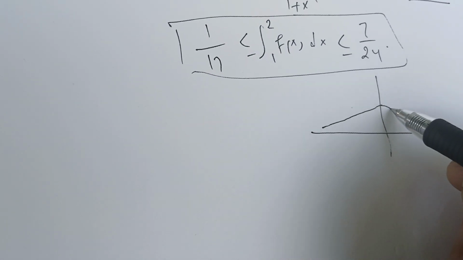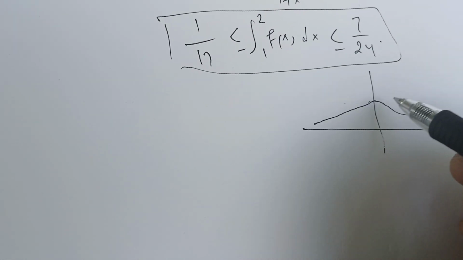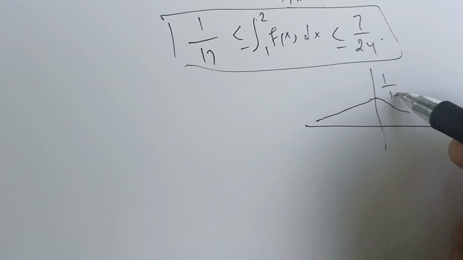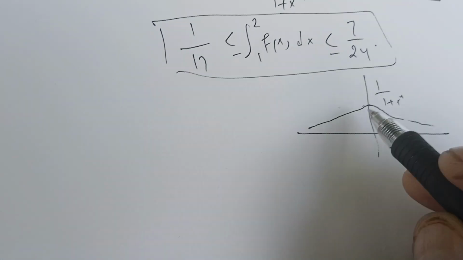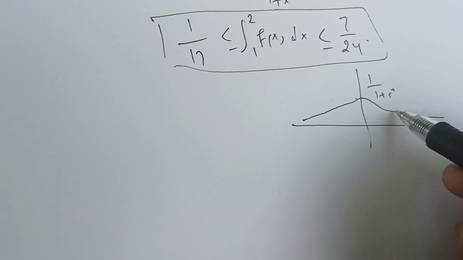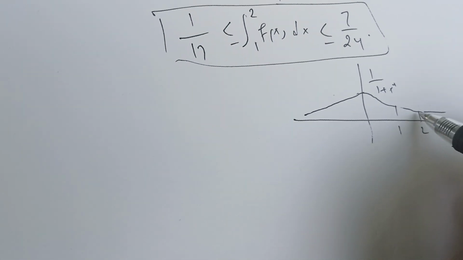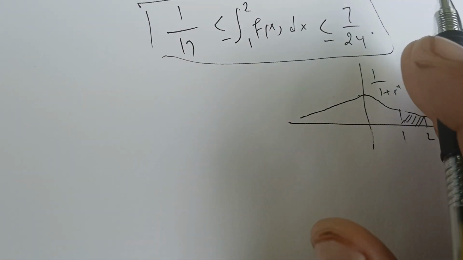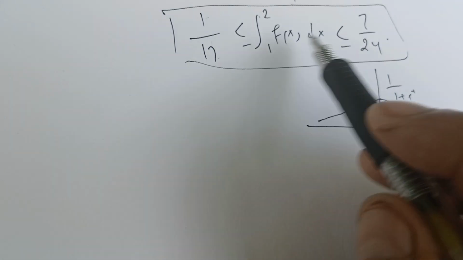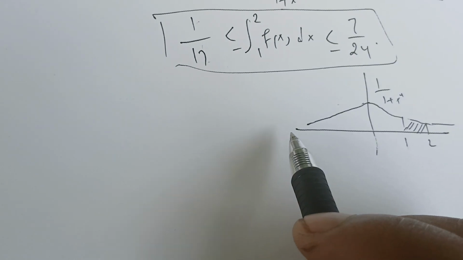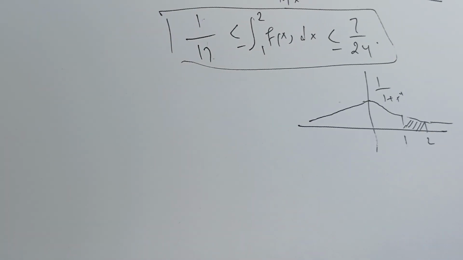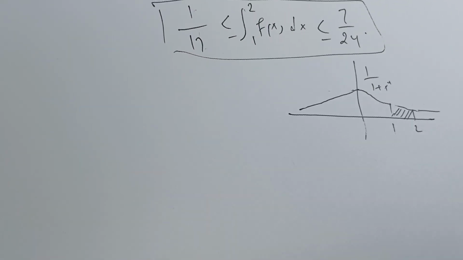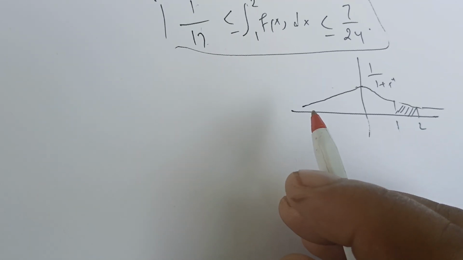Let's assume that it looks like this, and we want to see that it's between 1 and 2. This is the area. We want to prove that this area is trapped between 1 over 17 and 7 over 24. The key here is that this function is decreasing.